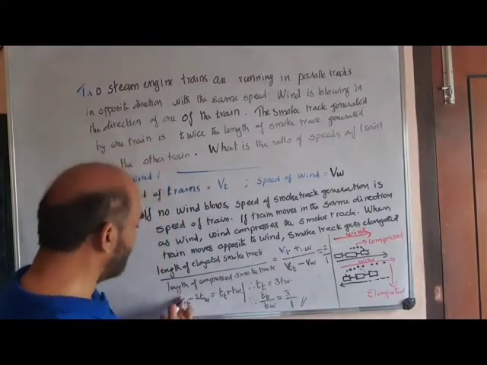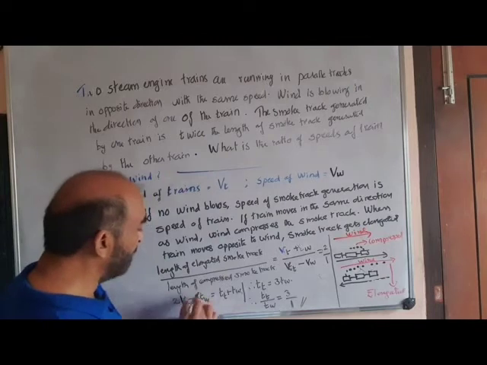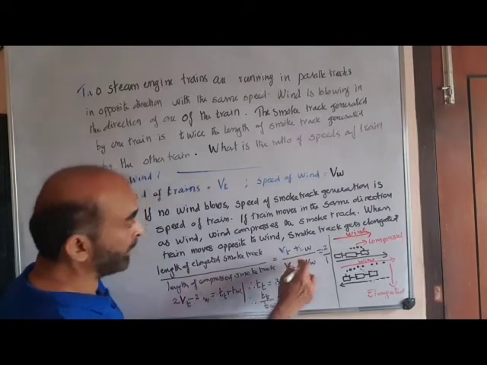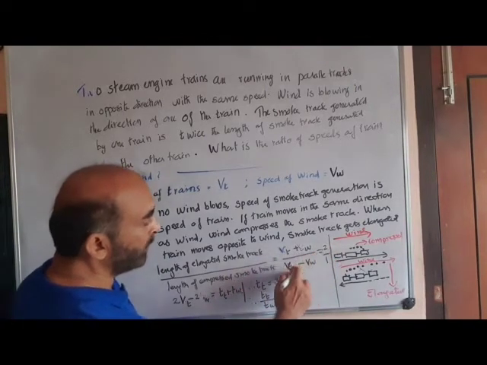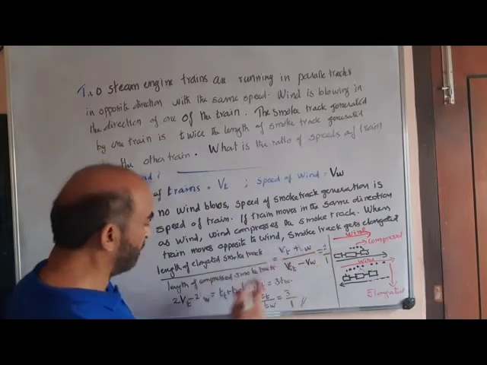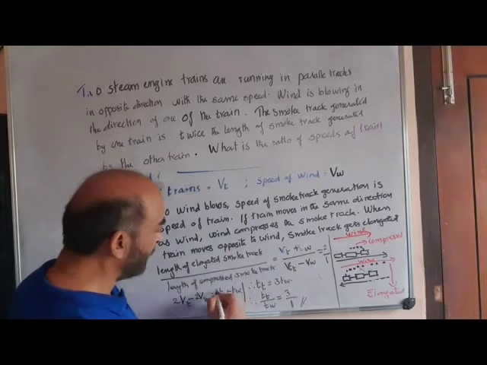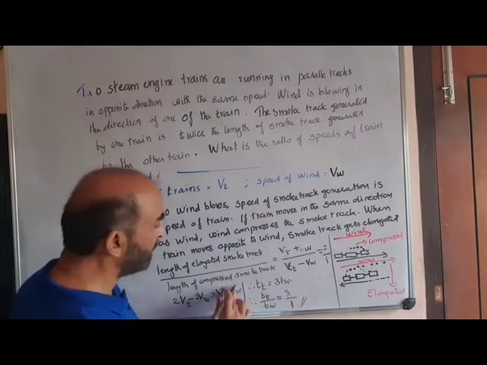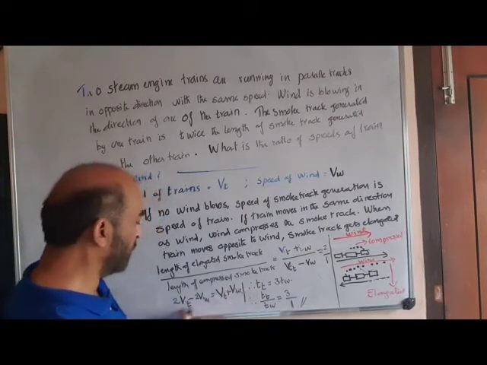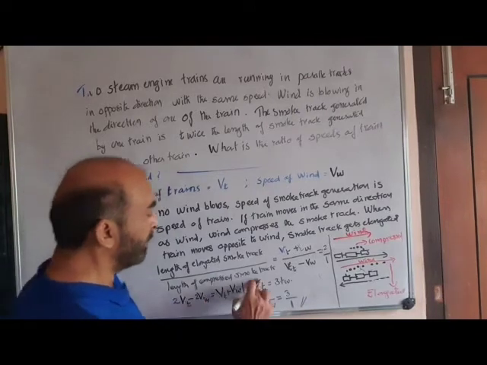So what do we get? You cross multiply. 2 Vt minus 2 Vw is equal to Vt plus Vw. Okay, rearrange.